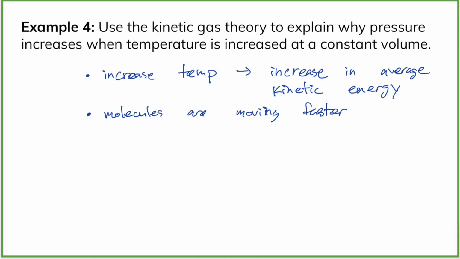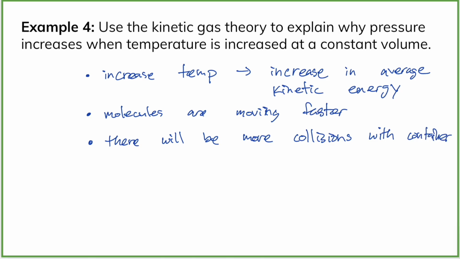So there's two things that are going to happen with this. One is that there will be more collisions with the container, which is one thing that would increase the pressure.